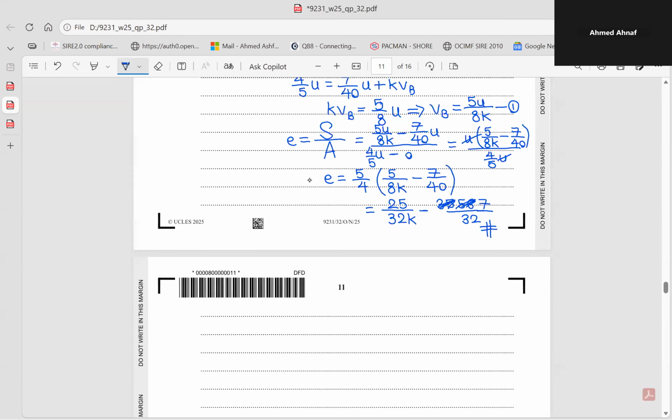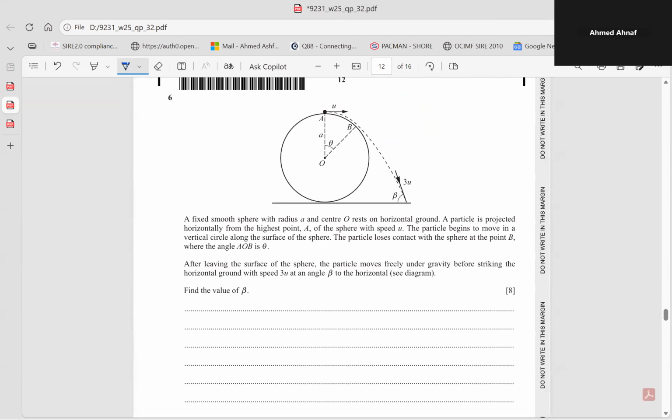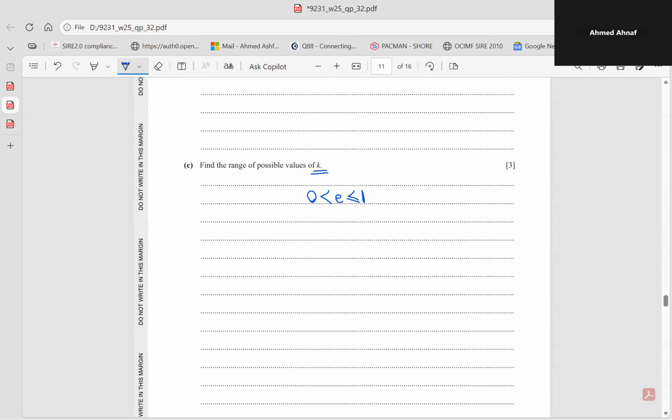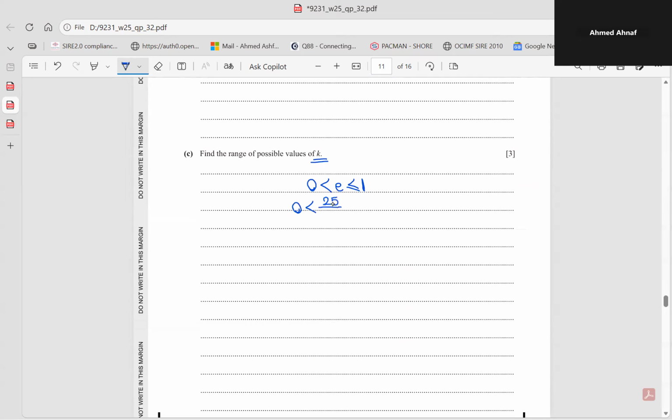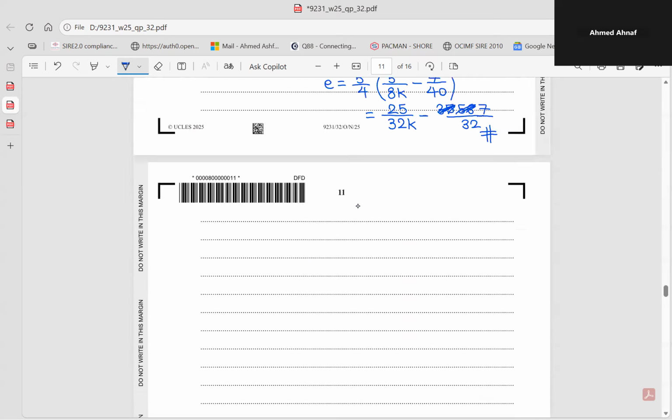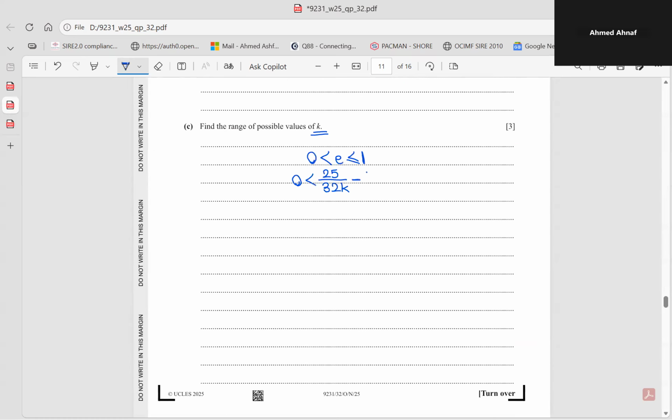And using our previous expression, we can solve for k. So 25 over 32k minus 7 over 32 is less than or equal to 1.